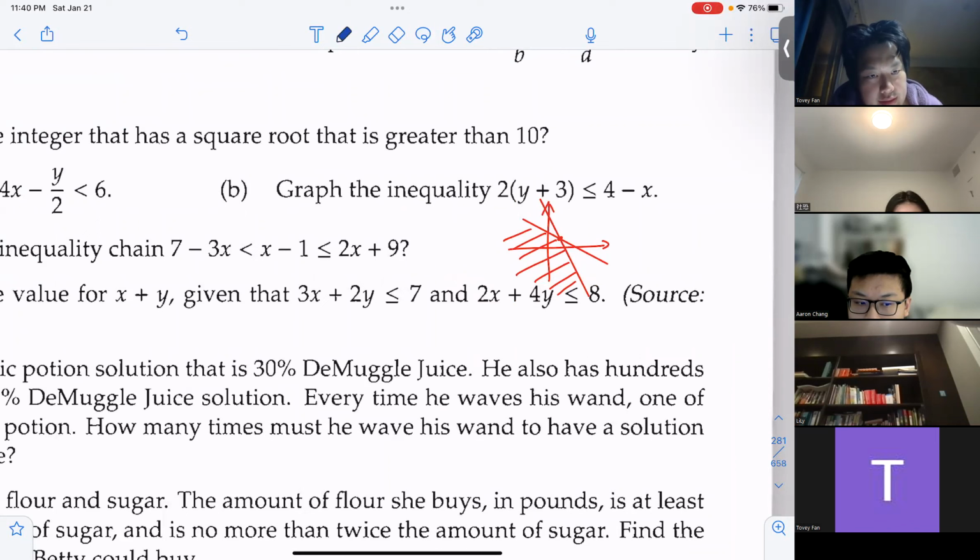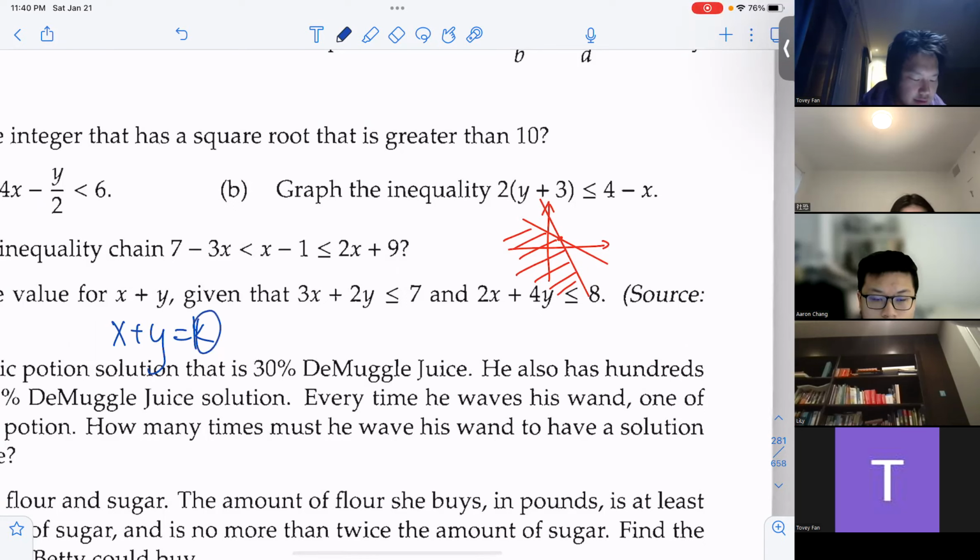Secondly, we know that there is a maximum value. If you want, you can draw x plus y equals k. If you want to know how to draw it, you can start with 0 and then you go 1, 2, 3, and we'll see that the line looks something like this.